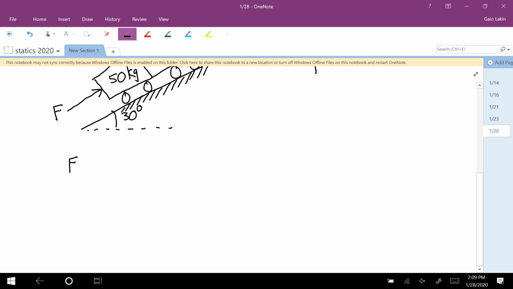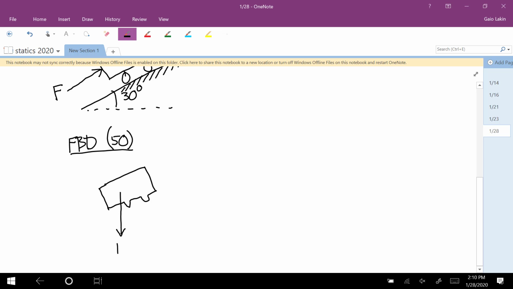So let me start with the 50 kilogram. There's a weight force acting down. That's 50 times 9.81, so 490.5. And then down at the ground, there's the normal force.